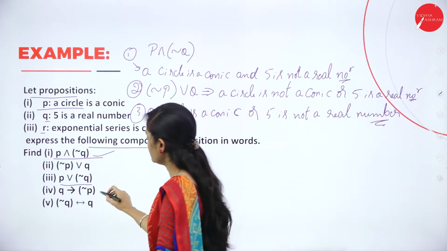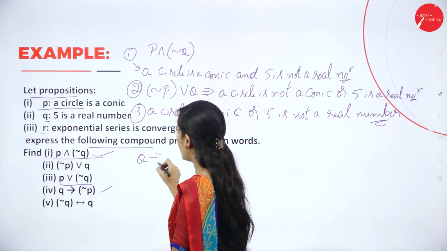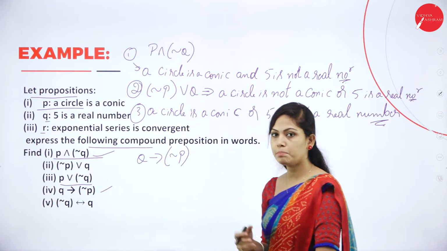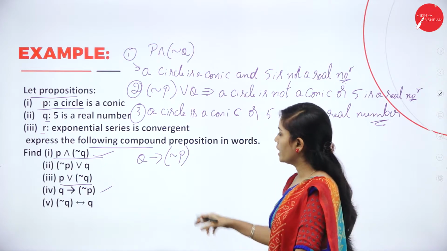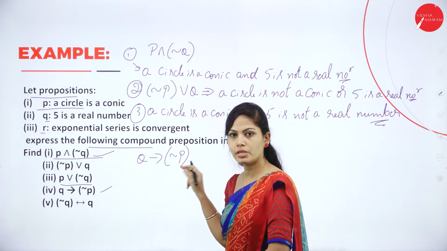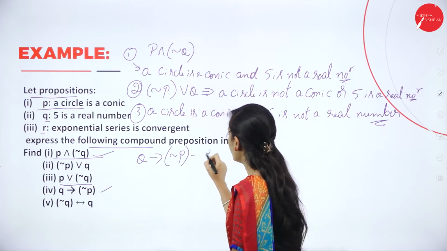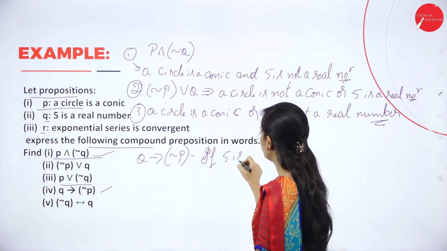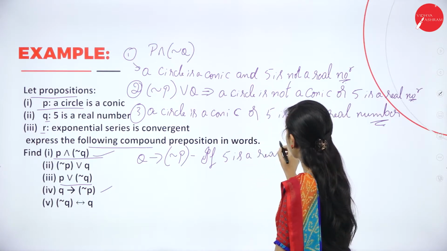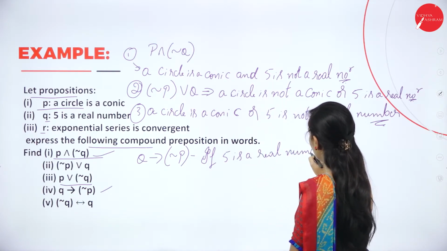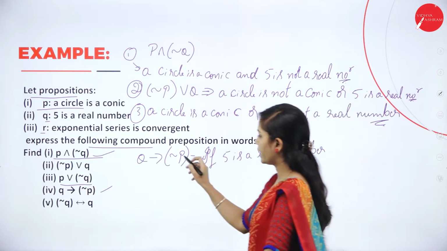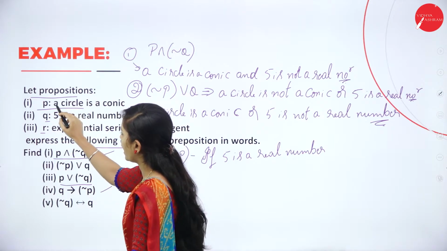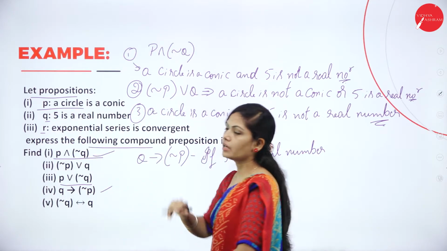And the fourth question, Q implies negation P. What does implies mean? Implication means if Q, then negation P. If phi is a real number, and we also have negation P, which means the opposite of P: a circle is not a conic.